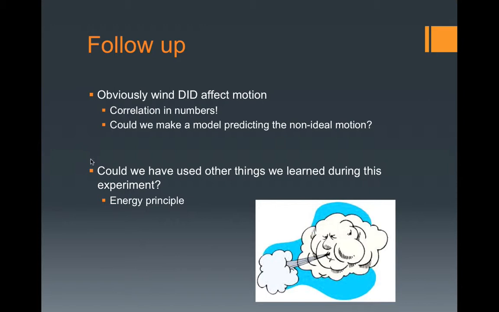And could we have used other things we learned during this class? The primary thing that comes to mind, of course, is the energy principle, and I don't really go into that just because I'm personally more interested in the motion of the actual ball. But the energy principle is also interesting, and I'll give a few comments about that.